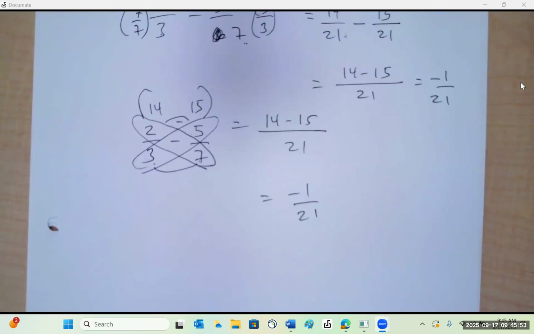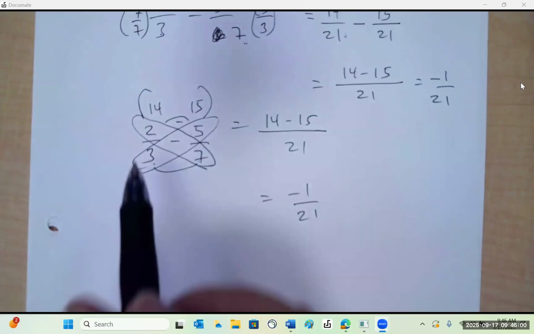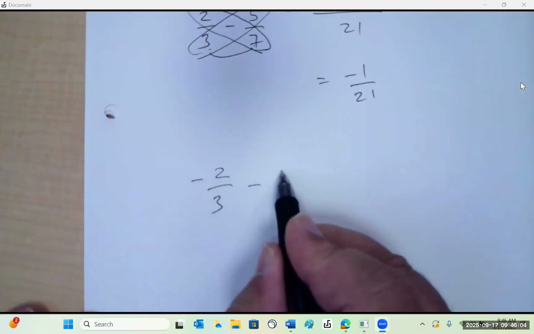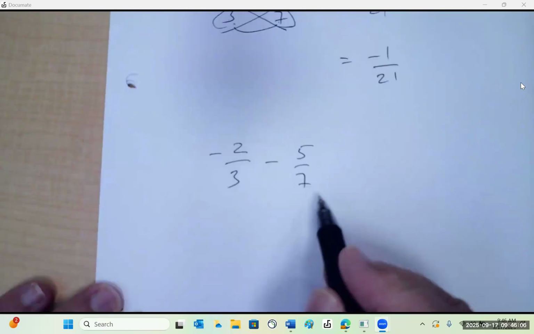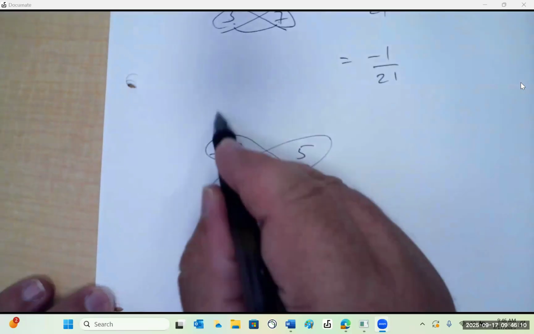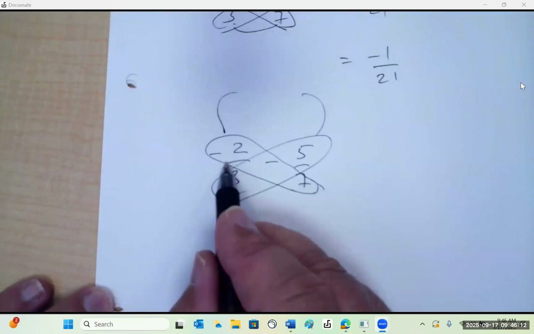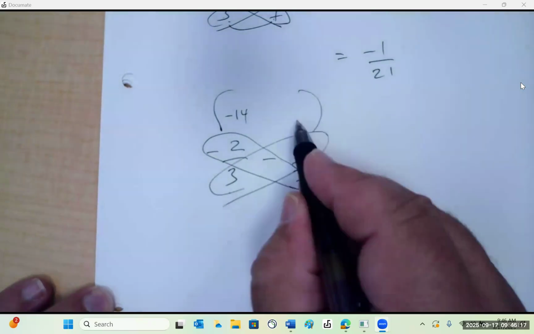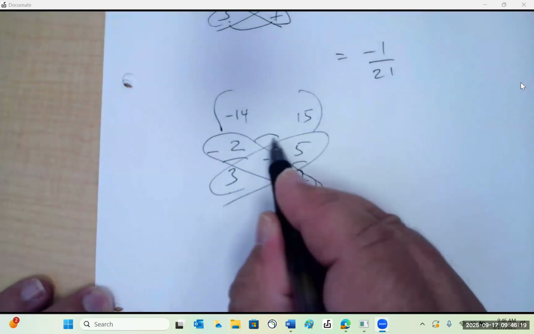Any questions? You apply the same rules, like if it was negative 2/3. Well, good point. If it's negative 2/3 minus 5/7, same thing here. 7 times negative 2 is negative 14. 3 times 5 is 15, and the sign between them is negative.